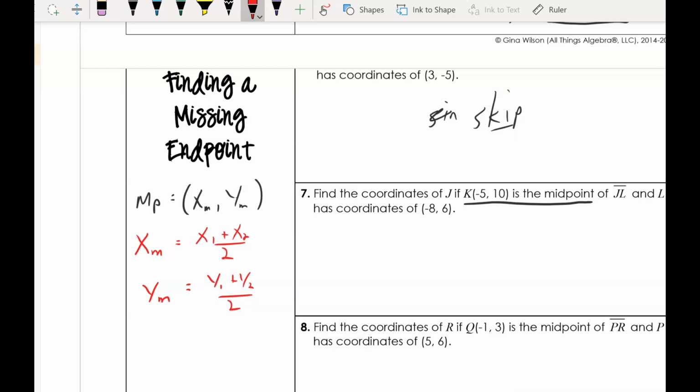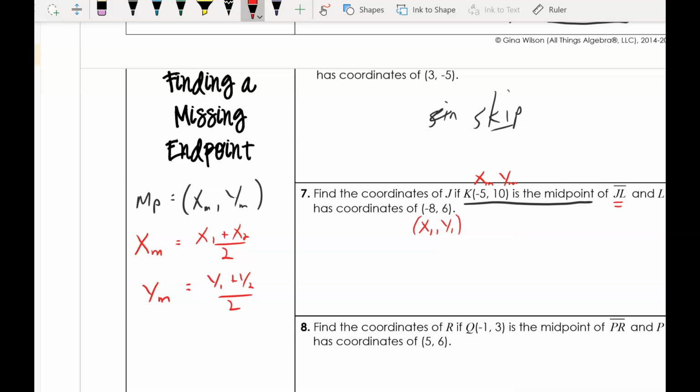Now let's think about that here. By giving that a name, it kind of helps us. We're looking for the other point. So if this is the midpoint, this would be my xm and my ym. I guess I lost my red and green thing here, so let's just go with red for now. So xm and ym, and this is segment JL, which means the endpoints are J and L. So L is one of the endpoints, so I'm just going to call this x1, y1.